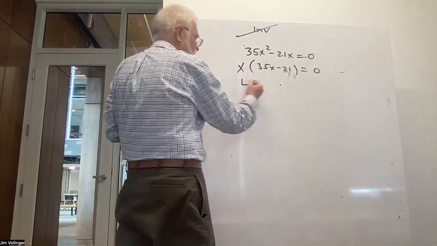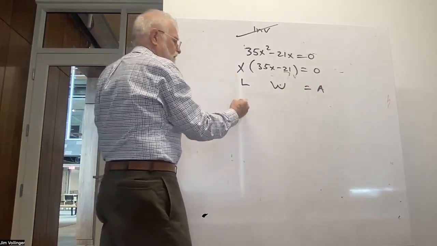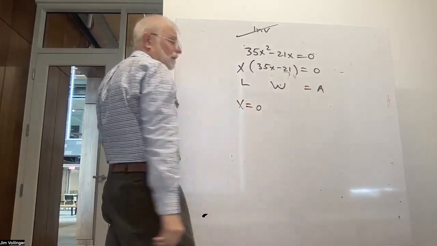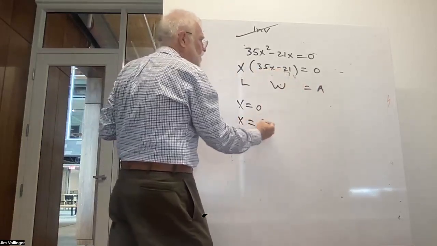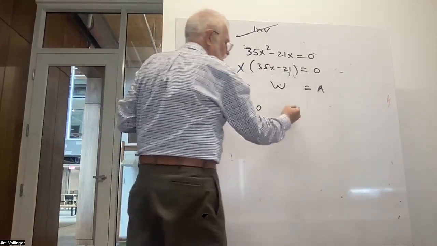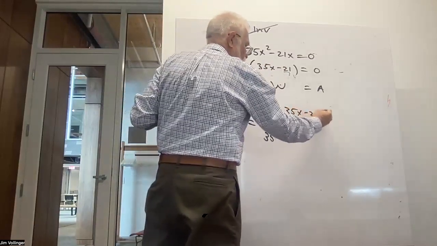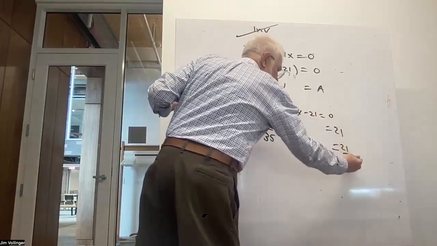So if this is length and this is width and this is area, how do I get rid of that length? By letting that value take on 0. How do I get rid of the width? X would be 21 over 35, right? We want to get quick at doing 35x minus 21 equals 0. 2 inverse operations. We don't want to have to struggle with that.